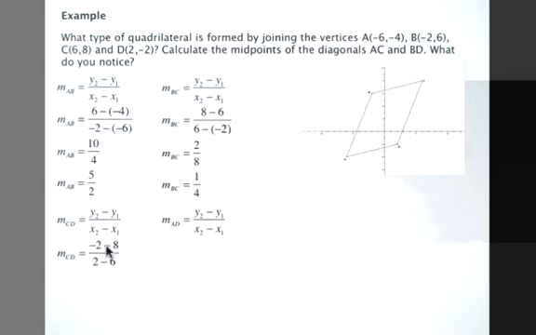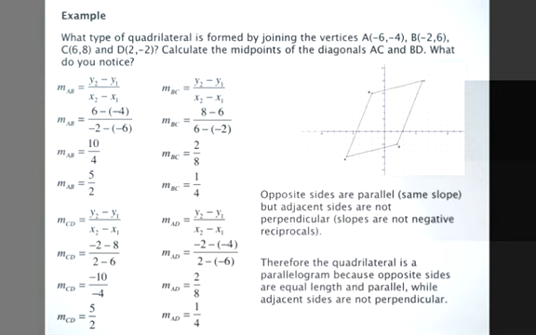The slope of CD, -2 minus 8 over 2 minus 6, that's -10 over -4, which reduces to 5 over 2 for the slope of CD. Finally, for the slope of AD, -2 subtract -4, 2 over 2 subtract -6 becomes 2 over 8, which reduces to 1 over 4.